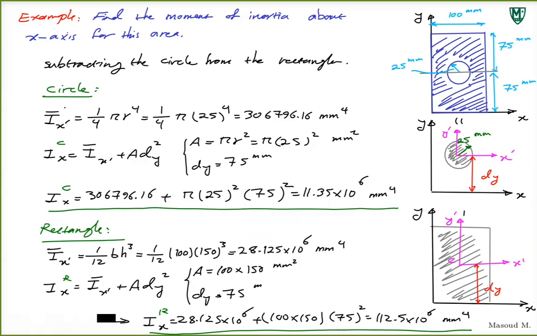Typically from the table, you have moments of inertia about the axis passing through the centroid of that simple shape. So you have to use parallel axis theorem to find the moment of inertia about the axis that you are trying to find for the composite area. And then eventually at the end, once you know the moment of inertia for each segment, if it was a cutout, you subtract that. If you were adding multiple simple shapes to form a composite area, you just add this area moment of inertia or moment of inertia.